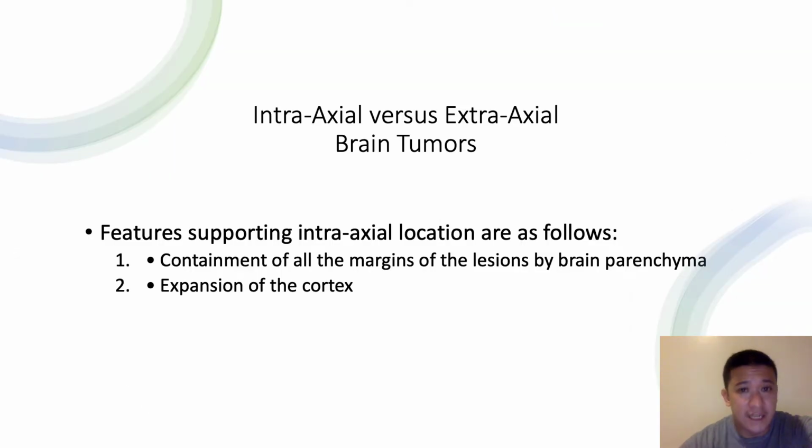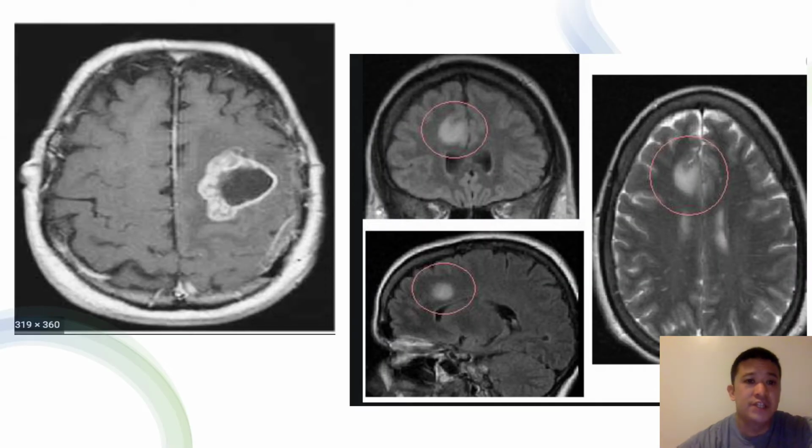Now, an intraaxial tumor location will show the brain tumor contained within the brain parenchyma. All the margins of the lesion are contained within the brain parenchyma, and you have expansion of the underlying brain cortex, or you have perilesional edema. So these are examples of intraaxial brain tumors.